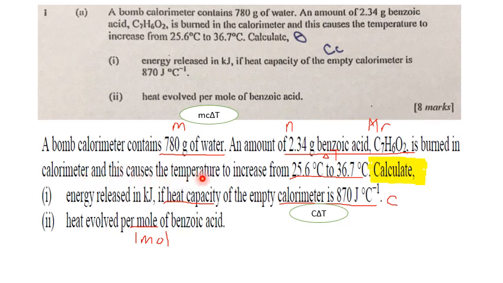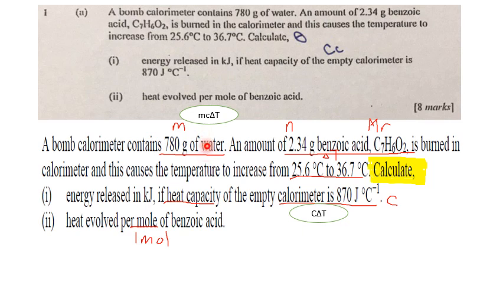And this caused the temperature to increase from, okay, so here is the hint for us to find the delta T. Calculate the energy released in kilojoule if the heat capacity of the empty calorimeter is 870 joule per degree Celsius. So here we need to apply the formula C delta T.